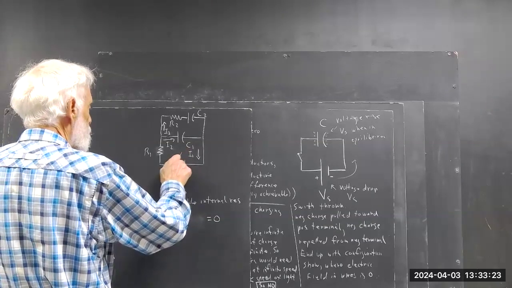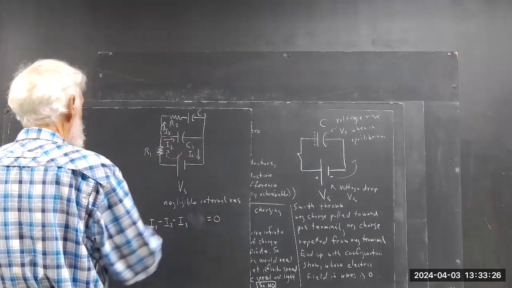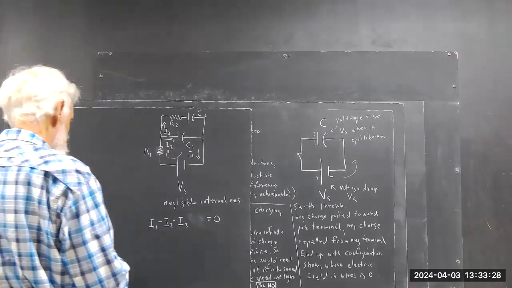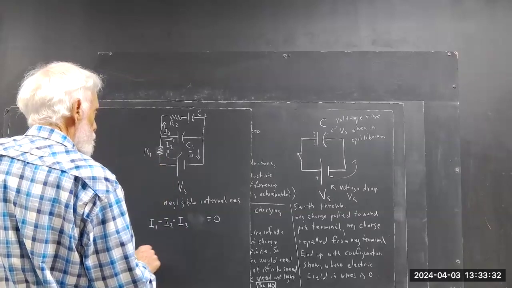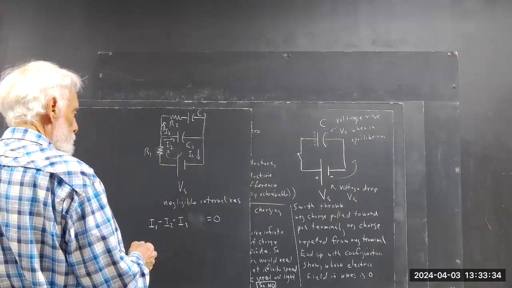I'll just call this the loop that I sketched in purple. Our voltage drops are what?